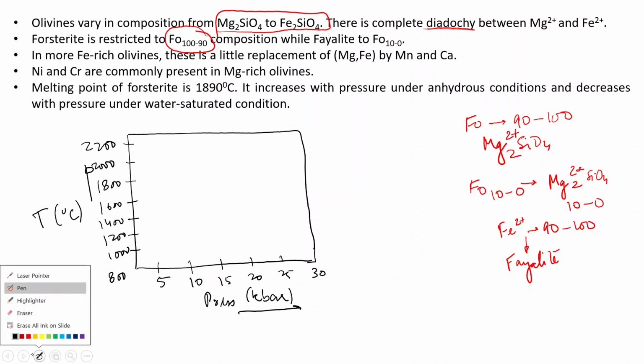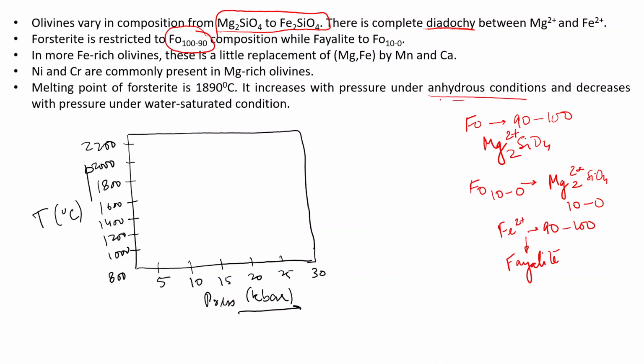So what does the statement say? The statement says that melting point of forsterite is 1890 degrees Celsius. It increases with pressure under anhydrous conditions, meaning dry conditions. There is no water or liquid over there. So if we bring olivine into anhydrous conditions, then the melting point of forsterite will be more than 1890 degrees Celsius. So this is anhydrous condition.